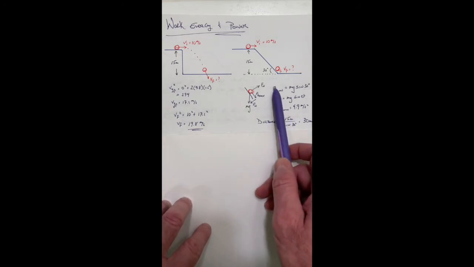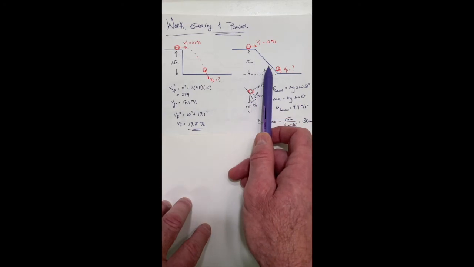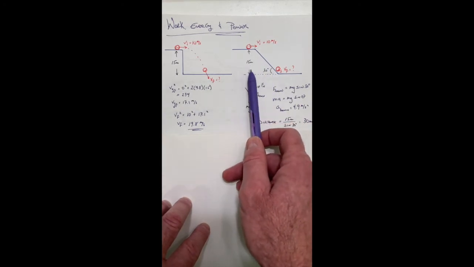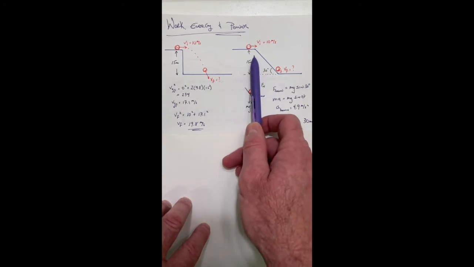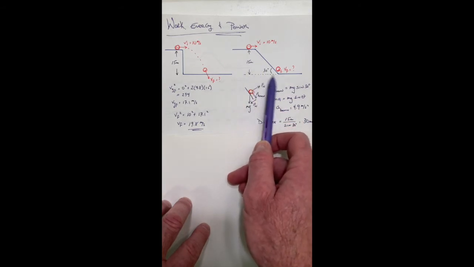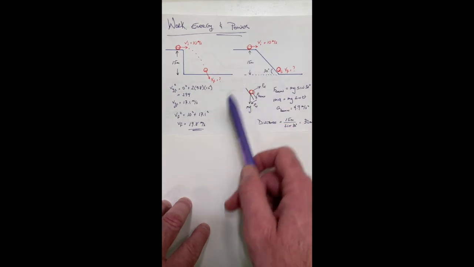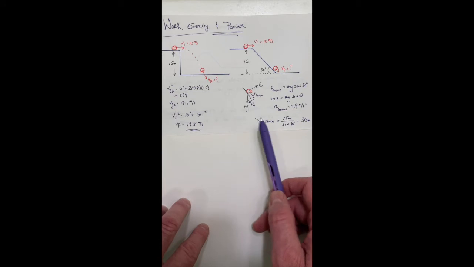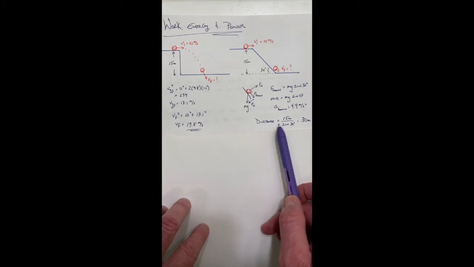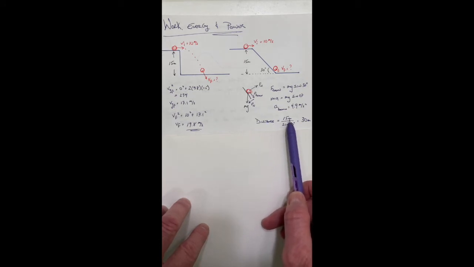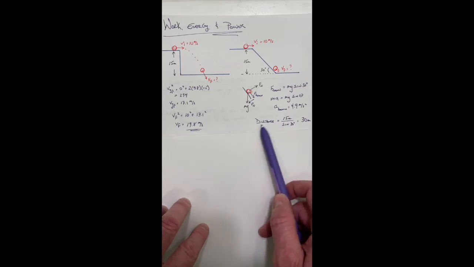I know that the distance that I'm going to travel downward here is not 15 meters. It's actually longer than that because I make a triangle, and this is the hypotenuse of the triangle. So if I use a trig function, I can say that the distance is equal to my opposite side, which is 15, over my hypotenuse, which is the distance.